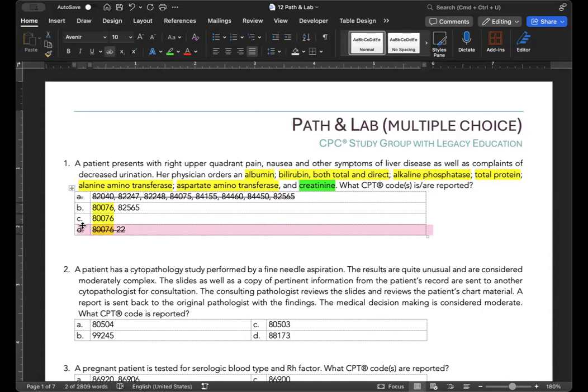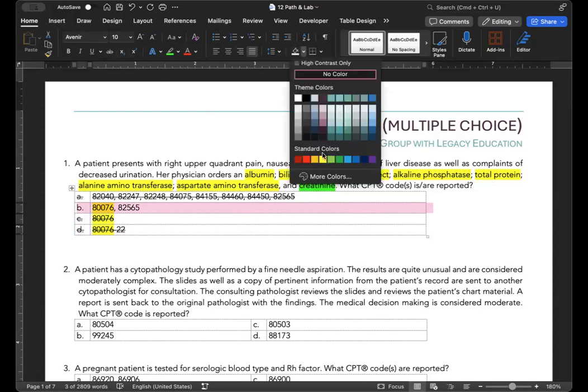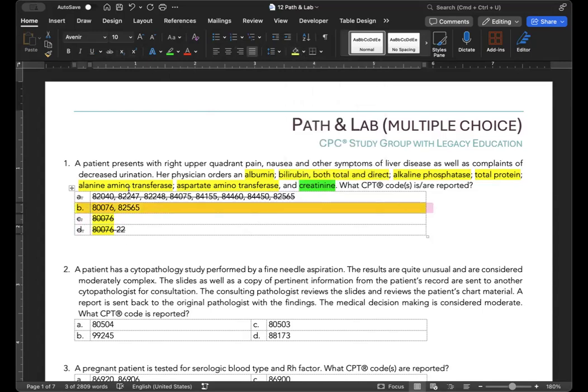And we know that we have to report something else in addition to the 80076 because the creatinine is not included. Without even going to look at the 82565 to see if it is the creatinine, we know automatically based off the process of elimination that we're not going to report everything separately. We're not supposed to use a 22, but we do have to report something in addition.